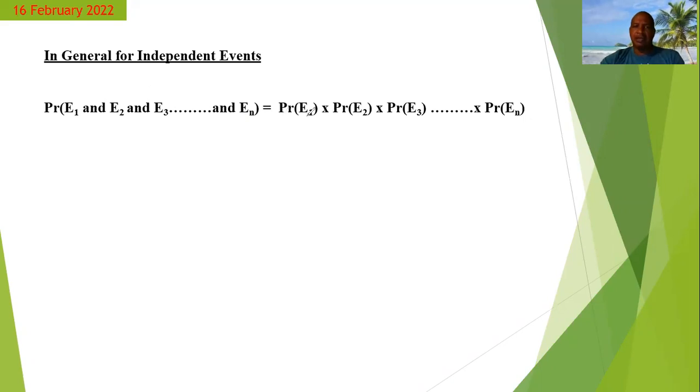So all we are going to do is multiply the probability of event 1 times the probability of event 2 times the probability of event 3, all the way up to the probability of event n. And that will give you the probability of the events based on finding the probability of all of these events.